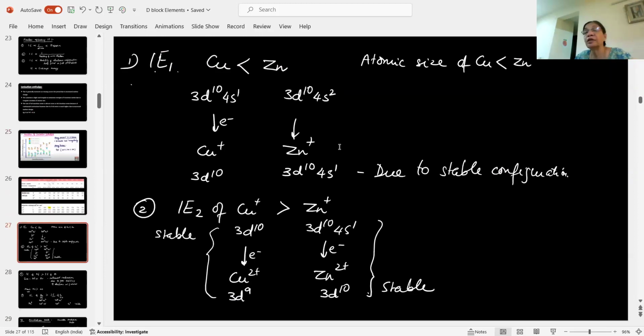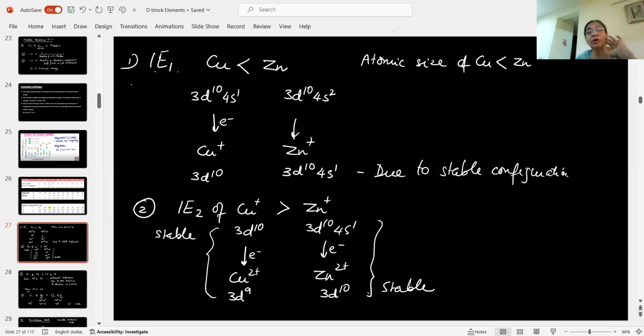Then there are certain questions like ionization energy of copper. Atomic size of copper is less than that of zinc, and so the ionization energy of copper should be more than zinc, but the ionization energy of zinc is more than copper.